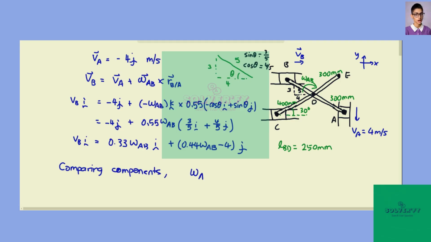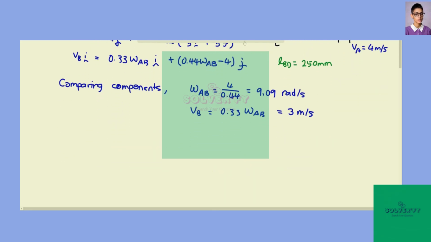So omega AB is equal to 4 divided by 0.44. So this is 9.09 radians per second. And then we have VB is equal to 0.33 omega AB, and this is equal to 3 meters per second. Okay, so our first answer for VB is 3 meters per second to the right.